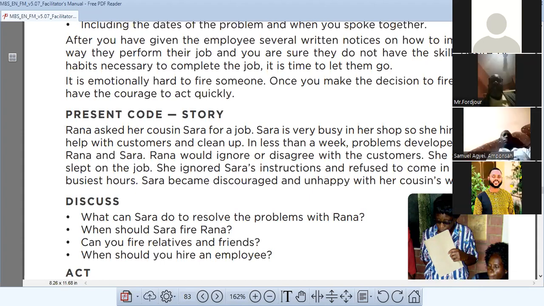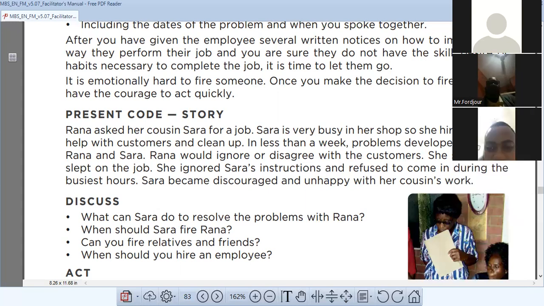So Rana asked her cousin, Sarah, for a job. Sarah is very busy in her shop. So she hired Rana to help with customers and clean up. In less than a week, problems developed between Rana and Sarah.